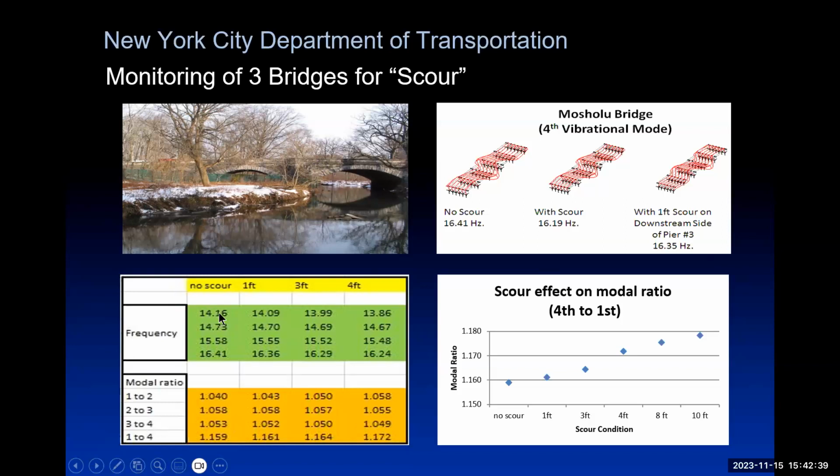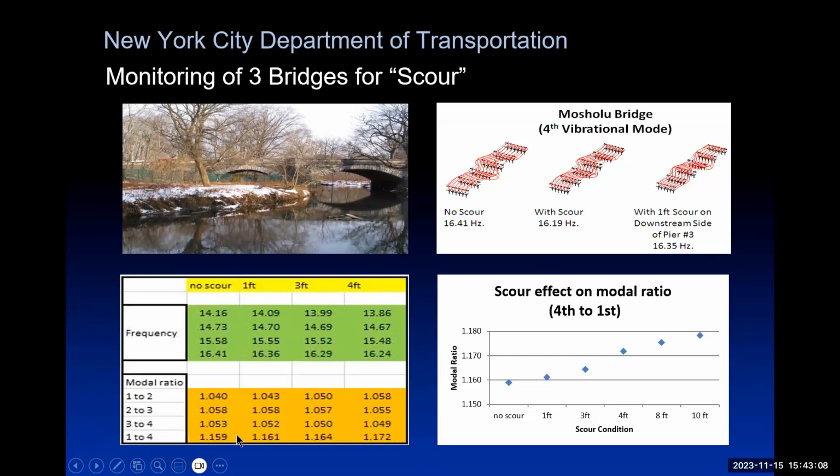And we looked at the frequencies which occurred. So we had calibrated our structure, looked at the modes of vibration, and then identified them. Now, if we look at the ratio, the modal ratio, then what we find is that that changes a small bit if you're comparing the frequency of the second mode to the first mode. Same with third to the second, fourth to the third.